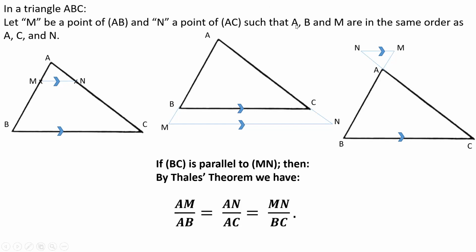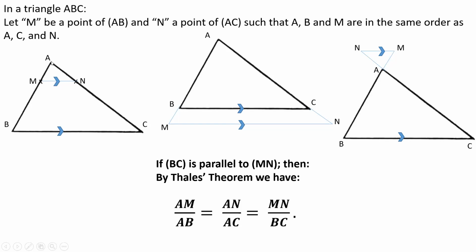I placed A, B, and M, and A, C, and N in the same order. So if M is between A and B, N should be between A and C, and they are placed at the same distance.